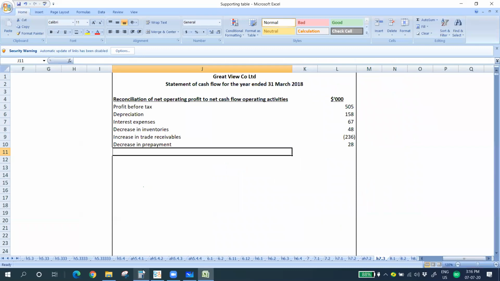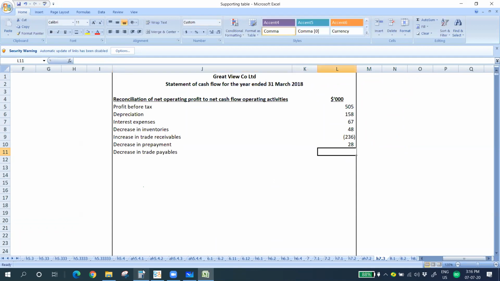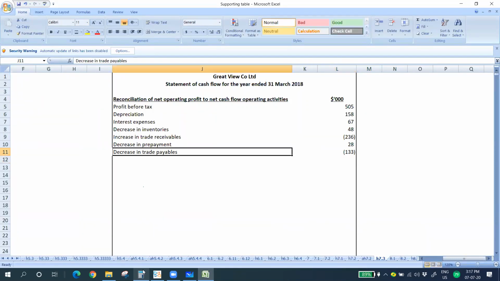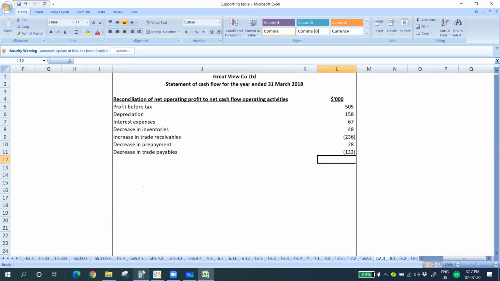Sorry, trade payables. What is the impact? 133, positive or negative? Negative, correct. This is a negative 133. Why negative? Because you pay more money to your trade payables, so there is less money in the company. So in the cash flow, we show negative.